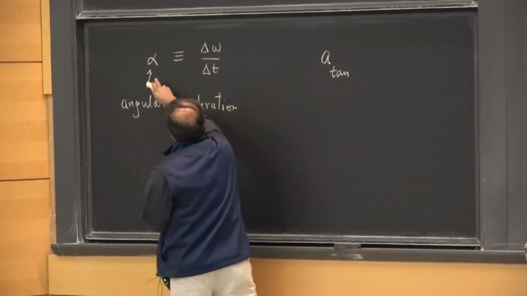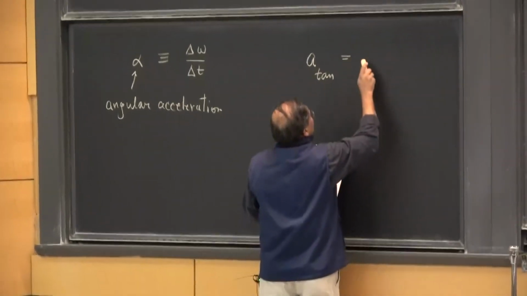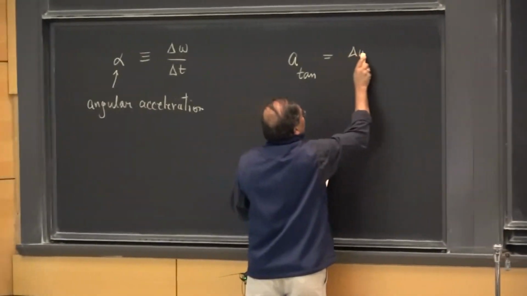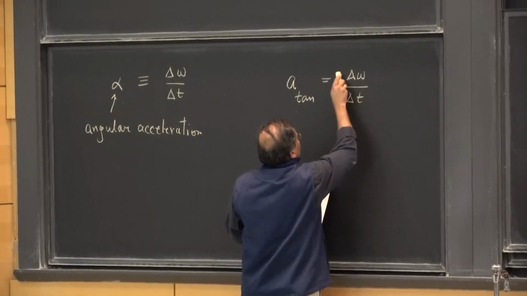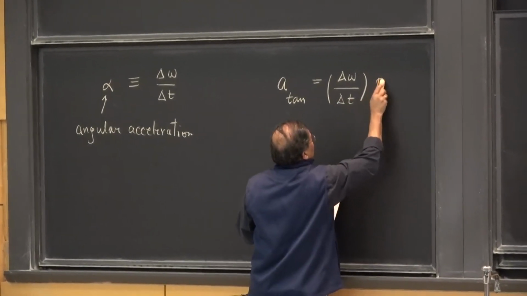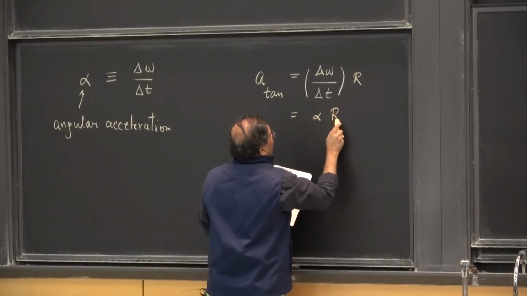So this is an angular acceleration, this is a tangential acceleration, and the tangential acceleration, in analogy with v equal to r omega, is a equal to alpha r, or r alpha.